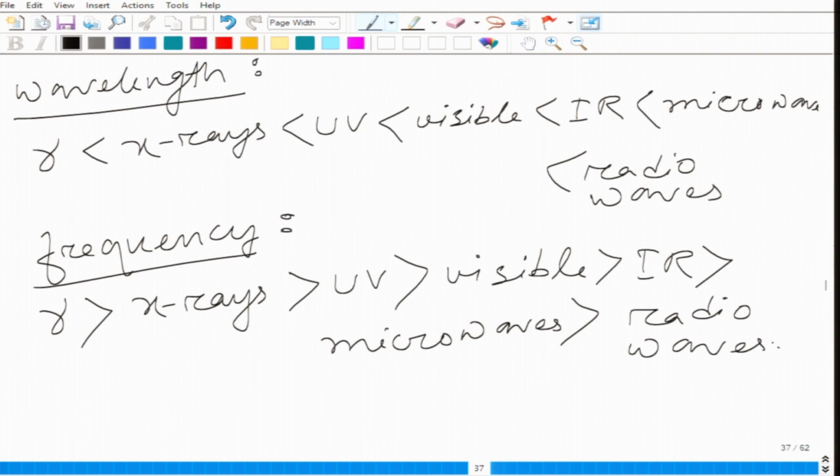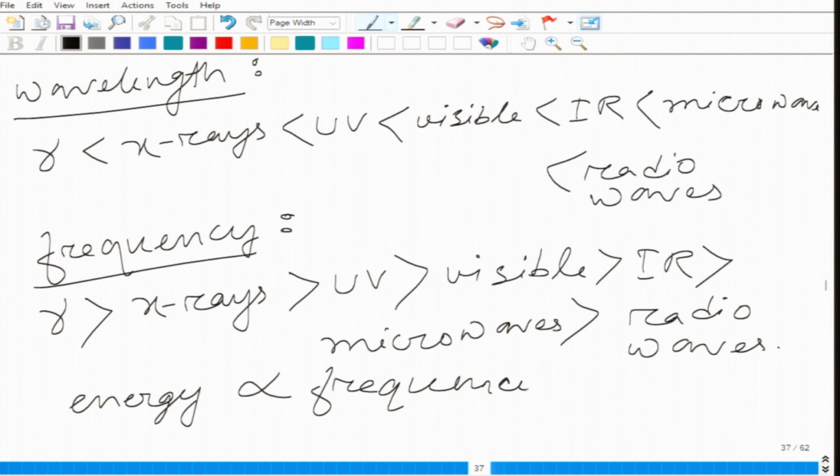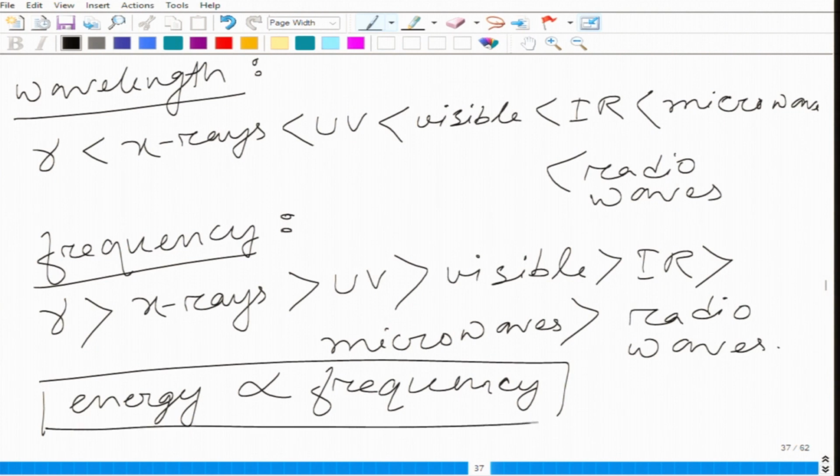As we will study in a later topic, energy is directly proportional to frequency. So if gamma rays have the highest frequency, then gamma rays will also have the highest energy.